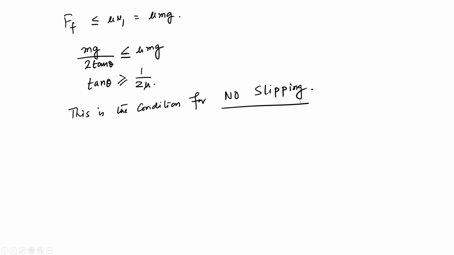Okay. So if you align the ladder at an angle whose tan is greater than 1 by 2 mu, one usually has an idea about the friction depending on the surface, and we do an eye estimation of what the angle should be. If we keep it so, then it won't slip.